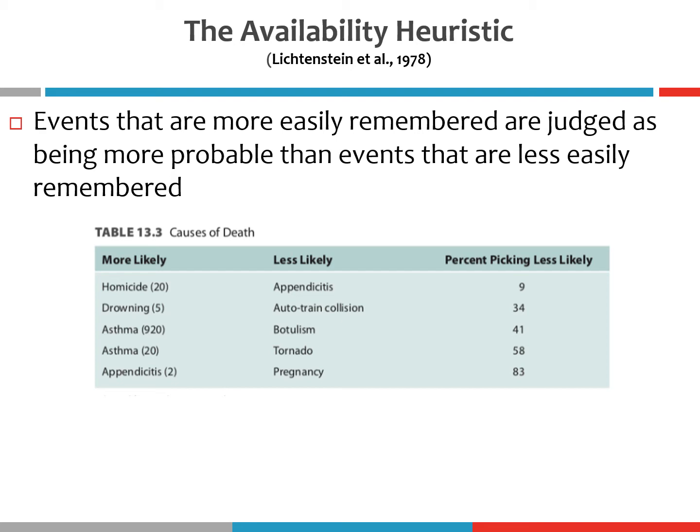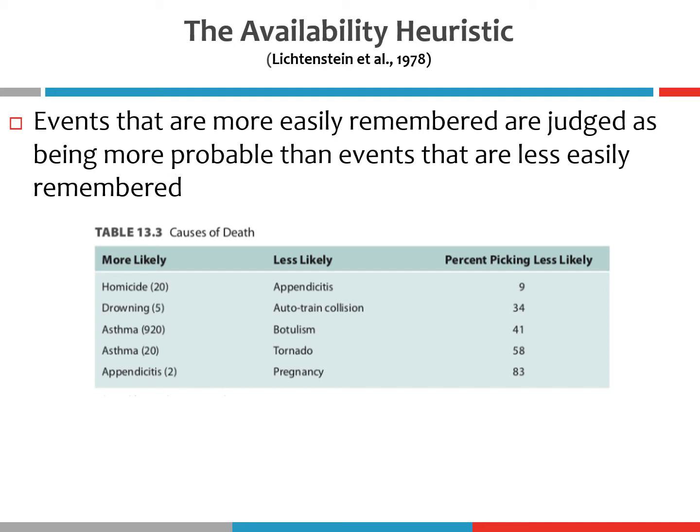the relative likelihood. So essentially what people did is they assumed that the more likely causes of death were causes that tended to be publicized by the media. So for example, 58% of participants thought that more deaths were caused by tornadoes than by asthma, when in reality, 20 times more people die from asthma attacks than tornadoes.